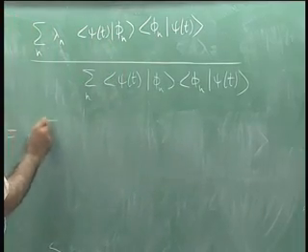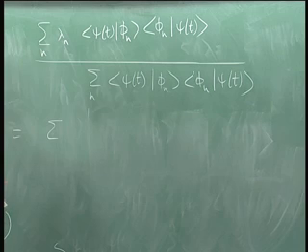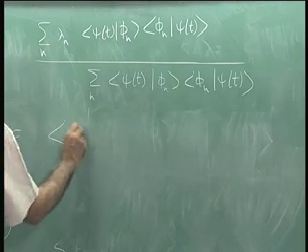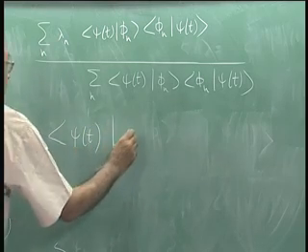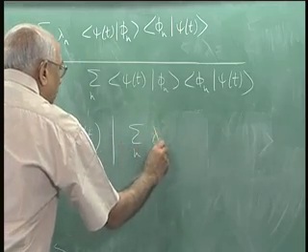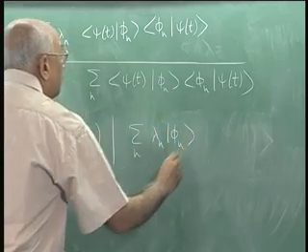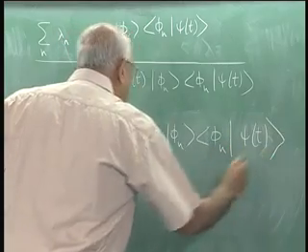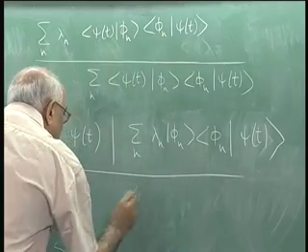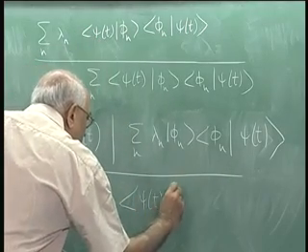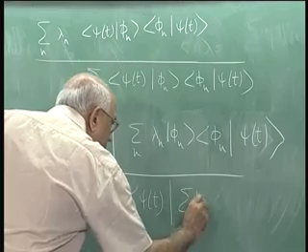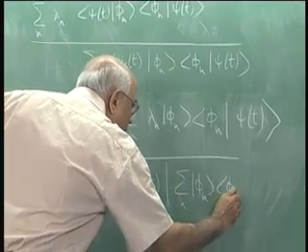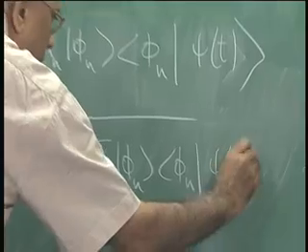This could be written as summation over n. Oh, I erased the line I wanted actually. So this is equal to psi of t, summation over n lambda n phi n, psi of t, divided by psi of t, summation over n phi n, psi of t.